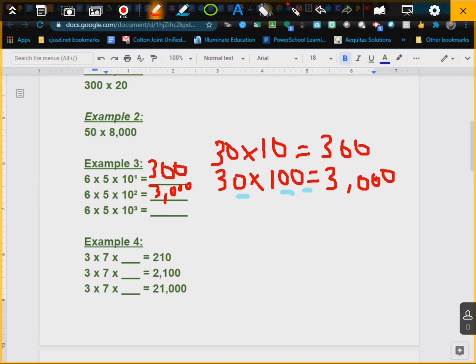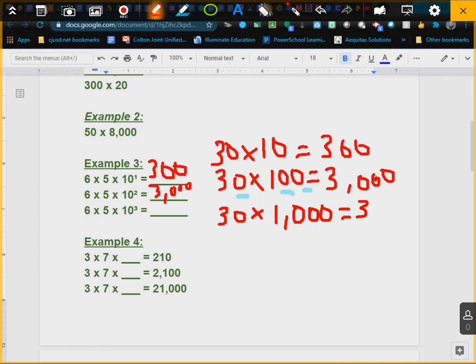Now for the last part of the problem, it's the same thing. 6 times 5, which is 30, times 10 to the third power. Now, if 10 to the first is 10, 10 to the second is 100, we know 10 to the third power means there's going to be 3 zeros, so 10 to the third power is 1,000. And if you see the pattern here, you see that there's 4 zeros.